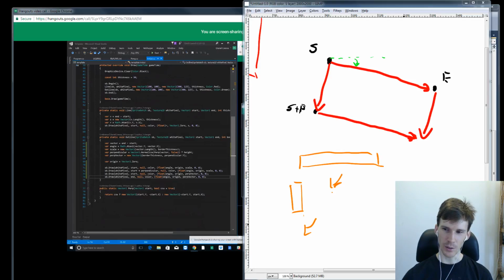Yeah, so this is almost right. There are a few minor issues with it that we looked at, but you could get it working this way.